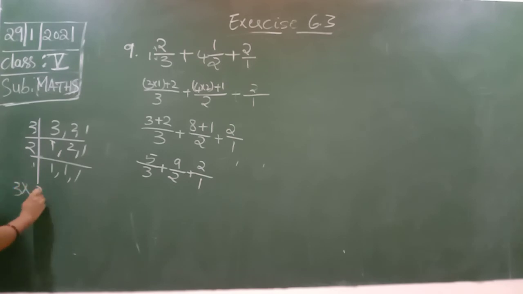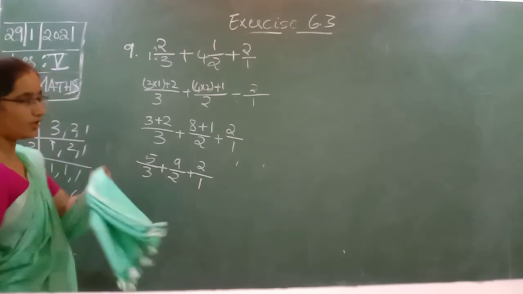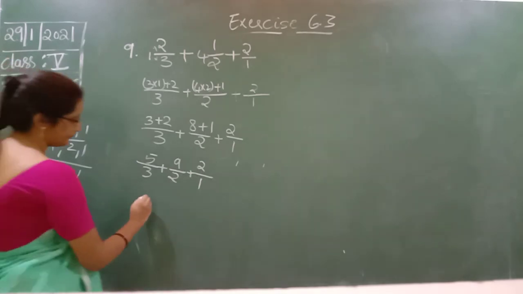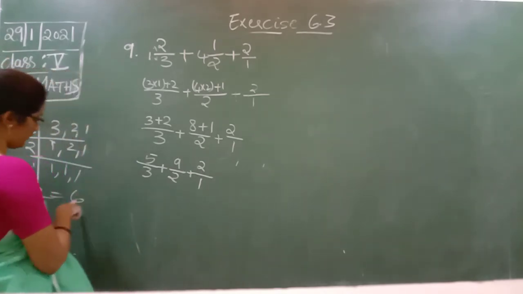3 twos are 6. If they don't have common factors, we can directly multiply them. So the LCM is 6.